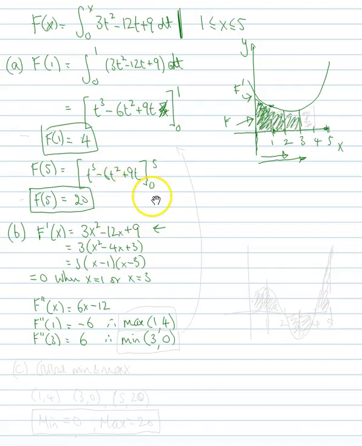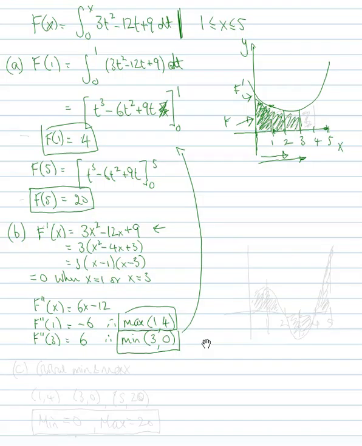So that's the point of the function, 3, 0, which you can figure out by plugging the value of 3 back into the function here. You plug the value of 3 in and calculate it, and you get a 0. So that's the min. So the max is (1, 4), and the min is (3, 0).